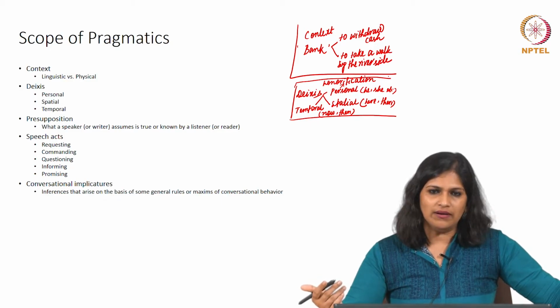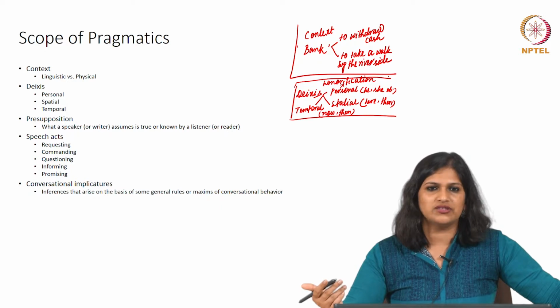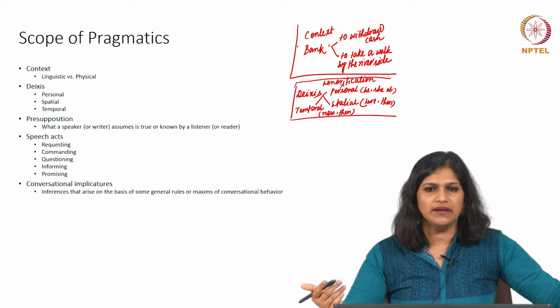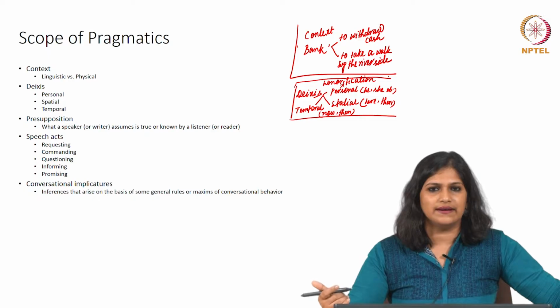So, now let us go back to our questions related to presupposition. Presupposition would be, when I say your brother is waiting outside, that the presupposition here is that I have a brother, okay. And this is in the domain of pragmatics, right.